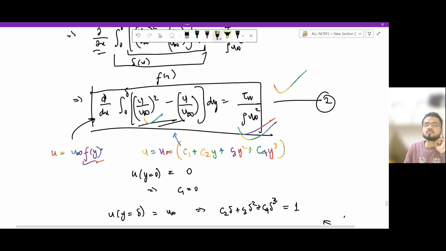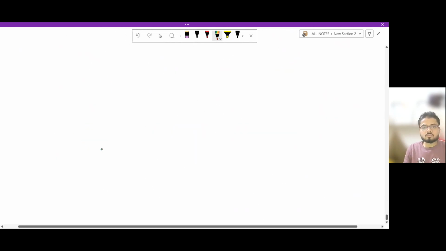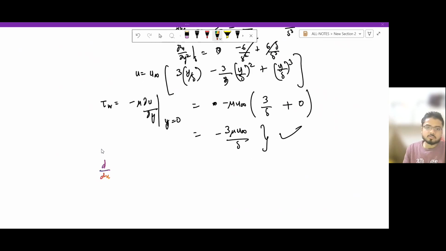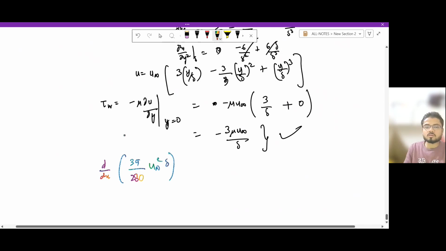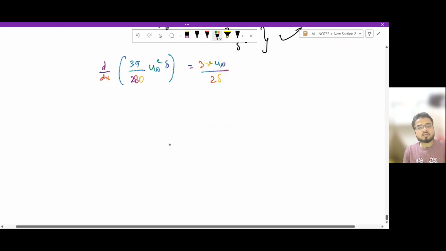So these type of terms. And so once you do everything, you could probably obtain something like this. There might be certain variations because of the profile that we have taken, but overall everything will look something like this. It would be equal to 3 times nu u infinity over 2 times delta. You can always check it out when you go back.